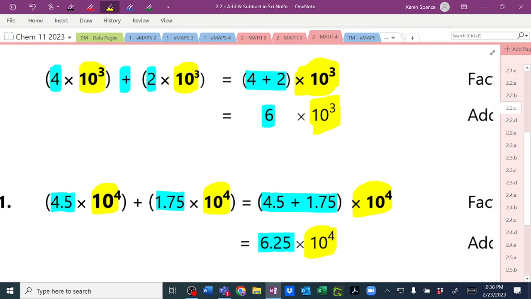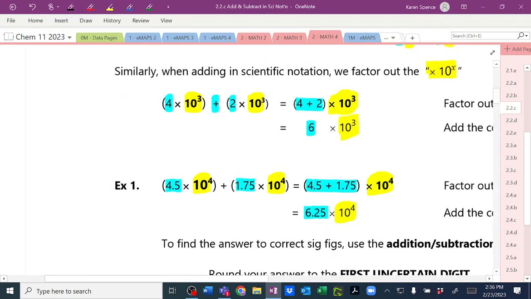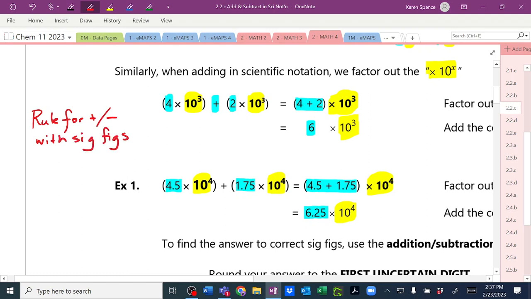Now, remind your partner, what is the rule for adding and subtracting with sig figs? What is the rule? Tell your partner.